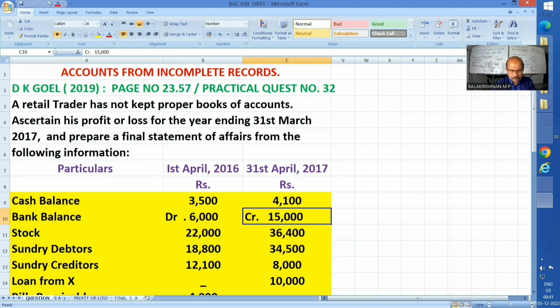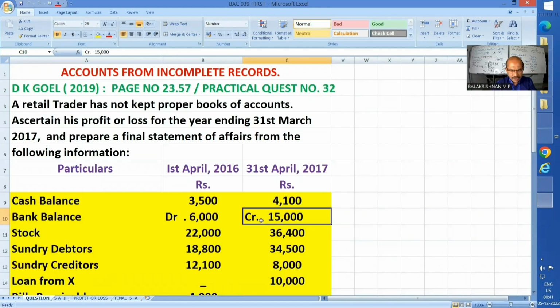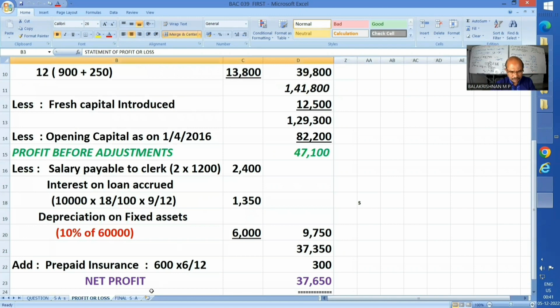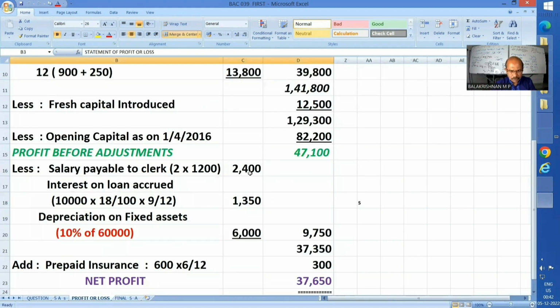So I'm showing that one as bank overdraft. Sundry creditors, as it is, I'm showing here 8,000, right? And loan from X 10,000. Of course, interest added again from the statement of profit, 1,350. So this is the latest liability. Outstanding salary 2,400. Again from here, 2,400.